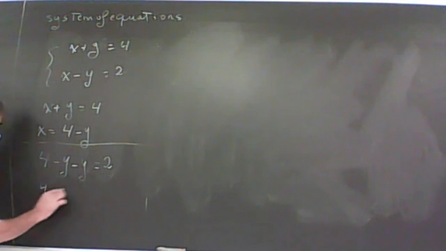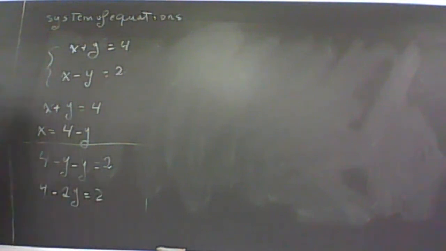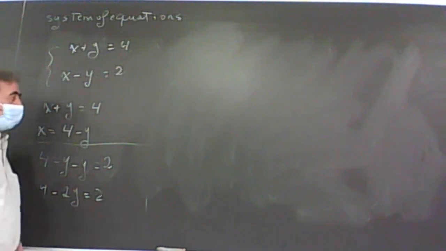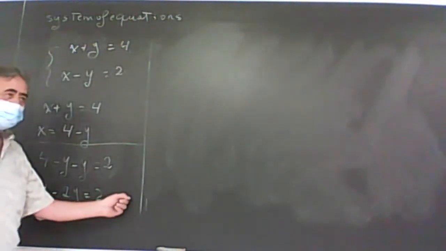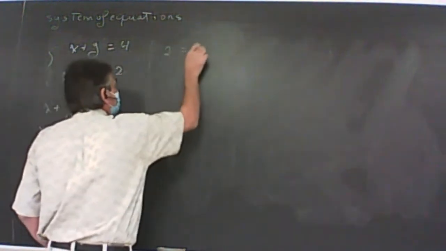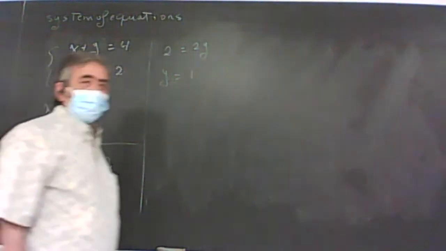We have 4 minus 2y equals 2. We can bring the 4 to the other side, or I can bring the 2 over here and the 2y to the other side. So 4 minus 2 is 2, equals 2y, and y equals 1. So that gives me a solution for y.